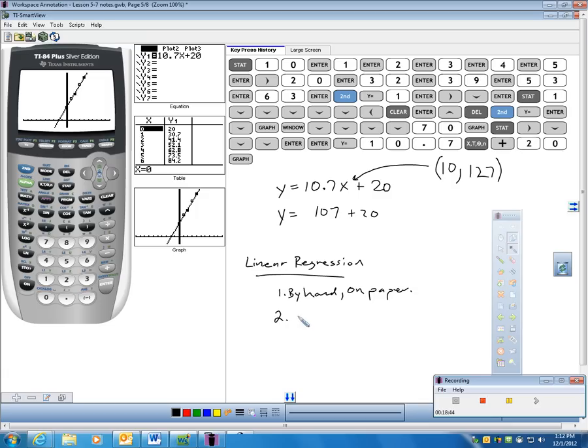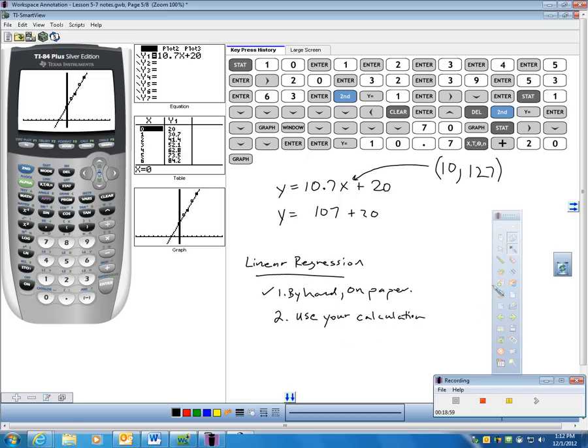Although you can use your calculator, and I don't care which way you do it. On quizzes and tests, I would ask you to actually draw your line of best fit and plot the points. If you're having to draw that out, this just seems a little bit quicker, but that doesn't mean you can't use your calculator.